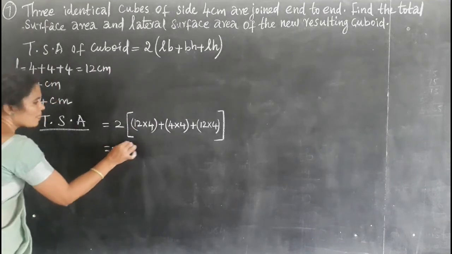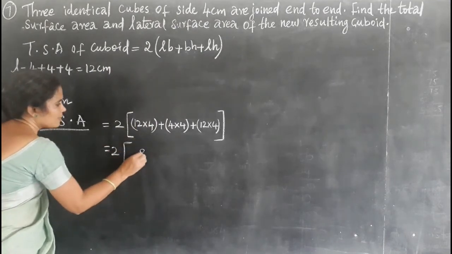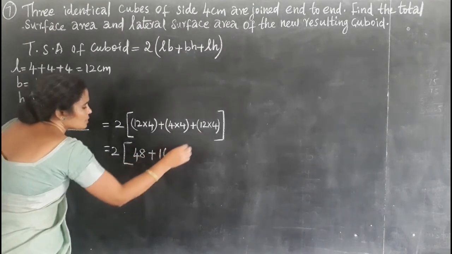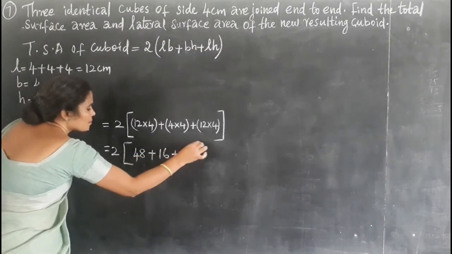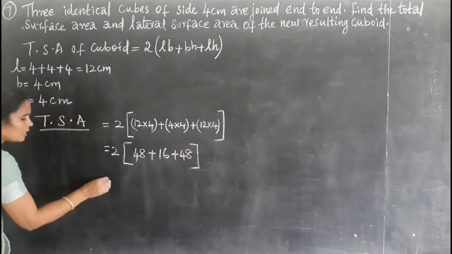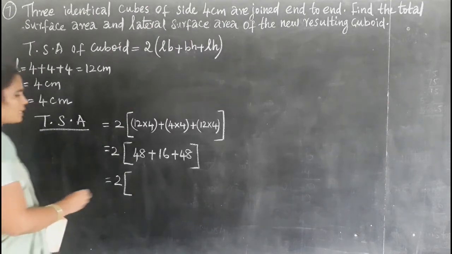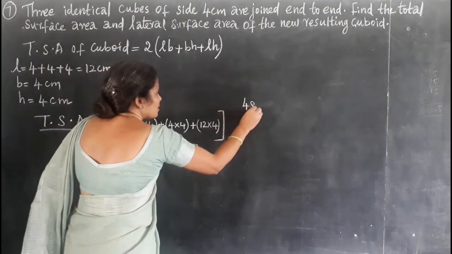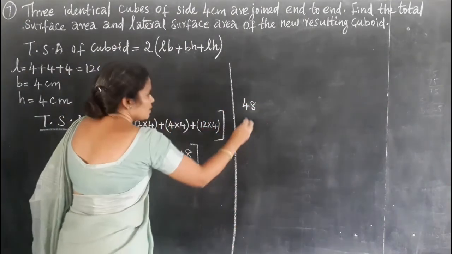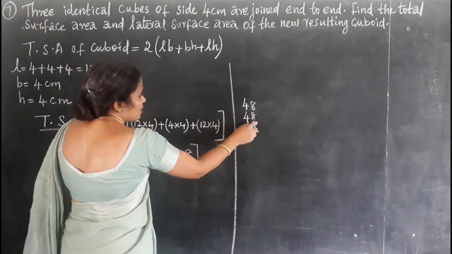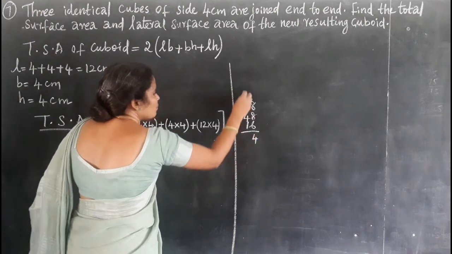Okay, 4 2s are 8, 1 4s are 4, plus 4 4s are 16, plus 4 2s are 8, 1 4s are 4. Okay, 2 into 48 plus 16 plus 48. So 48 plus 16, 16 plus 6, 24.